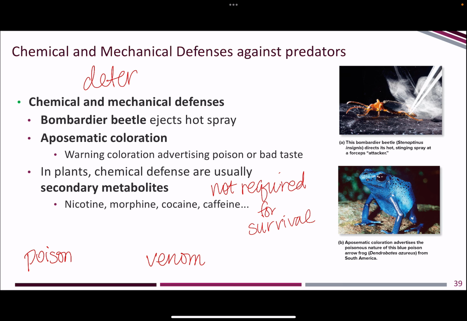So it might be something that tastes bad or just sort of gives them a little bit of a benefit in their environment. So we've got a couple of things here. You'll recognize that all of these are things that we use, that we have taken from animals. We have taken from plants. But a lot of these are going to be essentially deterrents for other organisms.